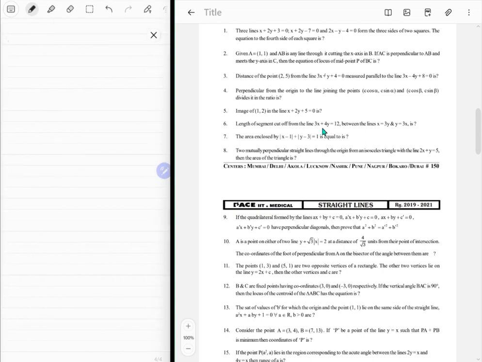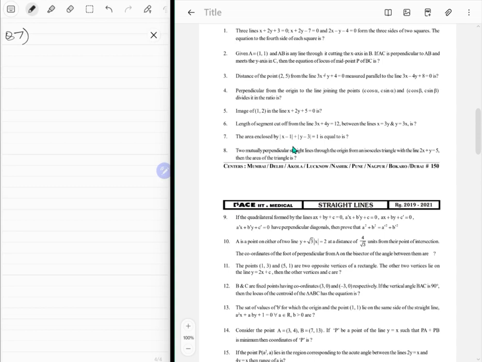Question number 7. The area enclosed by this thing, mod of x minus 1, is equal to. Okay, I hate these mod things, but we just have to open them up somehow.